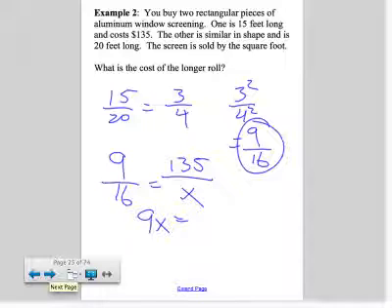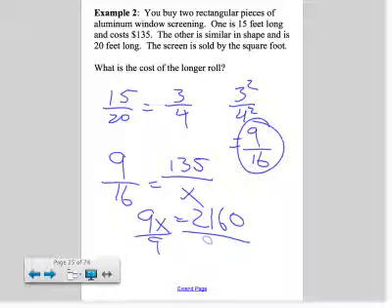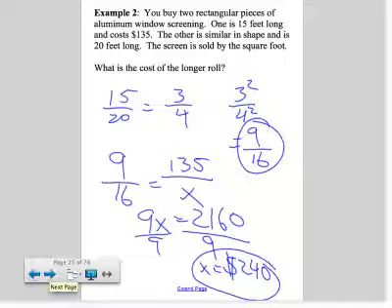We have 135 times 16, which is 2,160. Divide both sides by the 9, and x equals $240 for the bigger window screen.